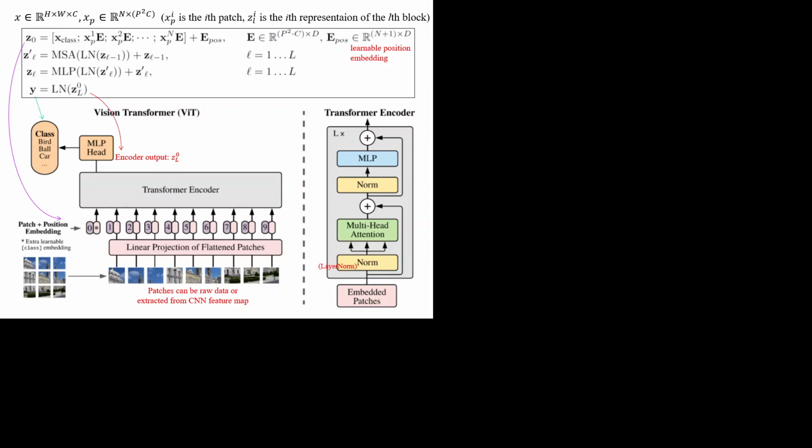Any problems? Okay, here is the system diagram. You can see the flow is from your embedded patches, then the Norm, which means a layer norm. Also in the transformer they apply normalization. You know there are different normalizations like batch normalization or layer normalization.